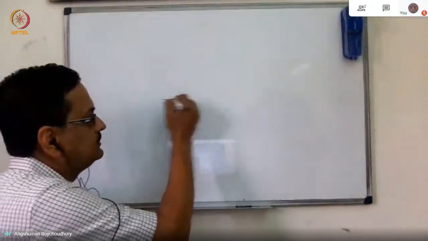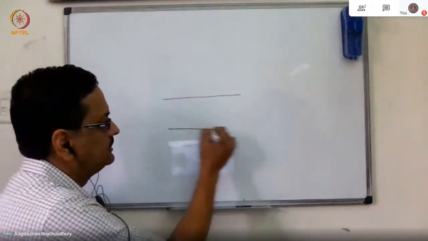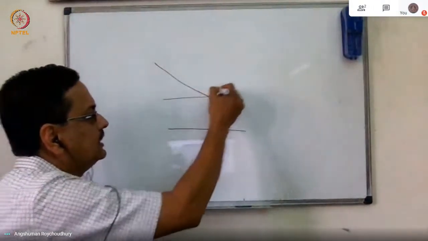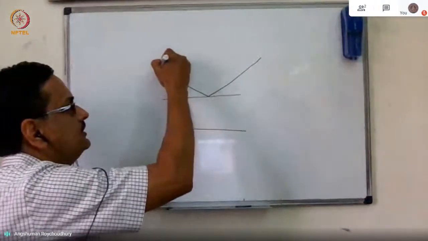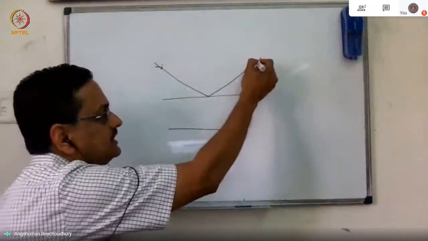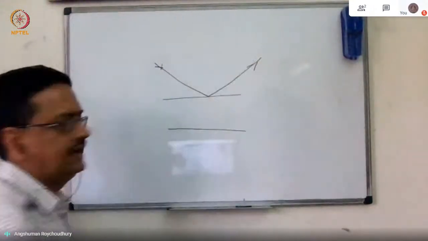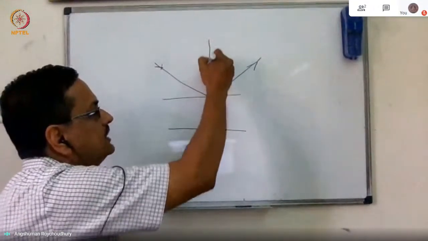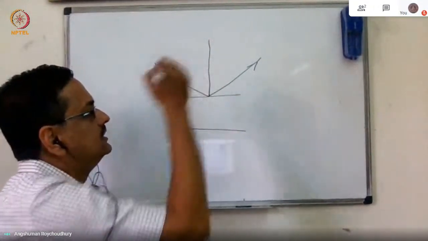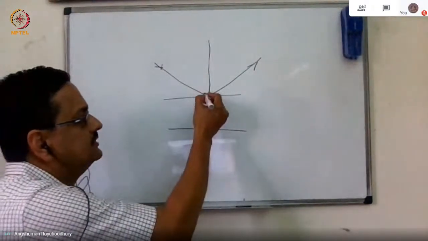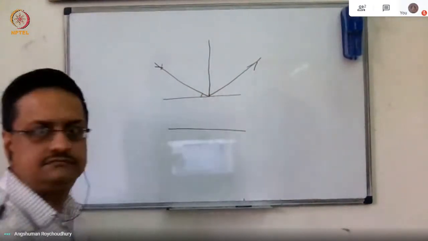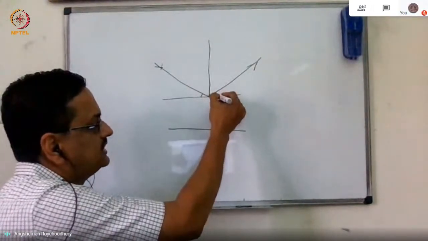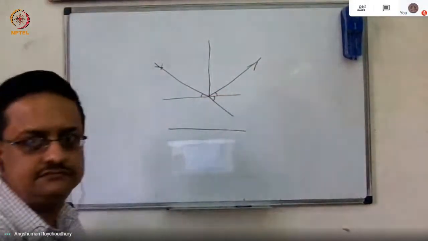So when we try to think of two planes in the crystal and the X-rays fall on one plane, this is the incident radiation and that is the diffracted radiation. And if we draw a perpendicular, the angle here is theta. So as a result, this angle is also theta and this angle is theta.